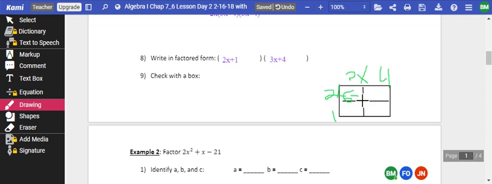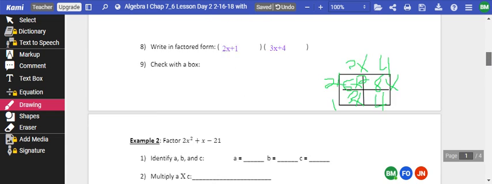Good, that's what we wanted. 2 times 4 is 8x. 1 times 3x is 3x. That adds to give us 11x. And 1 times 4 gives us 4. So that does give us 6x squared plus 11x plus 4.